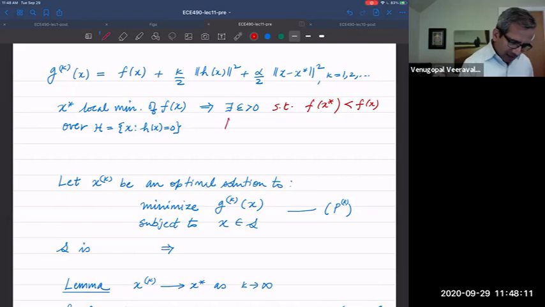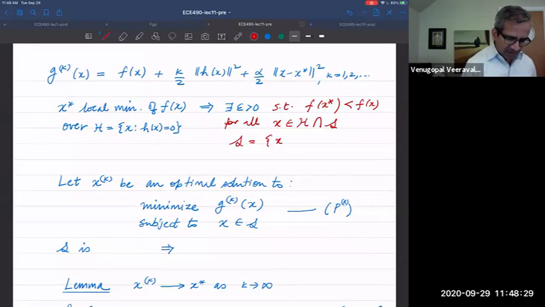So for all x belonging to H and everything belonging in the ball, I'll write that as H intersect S, and I'll use S to denote the ball of size epsilon.